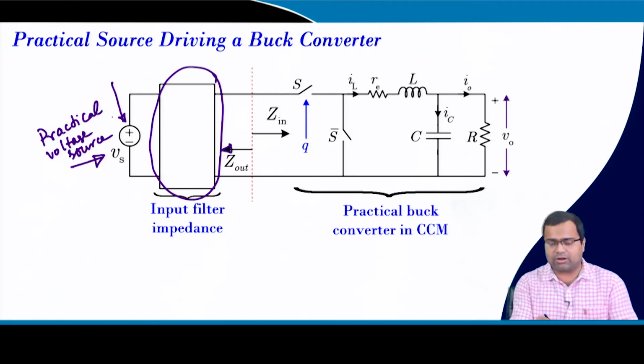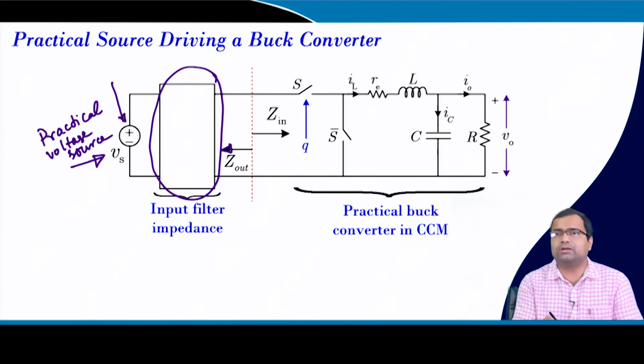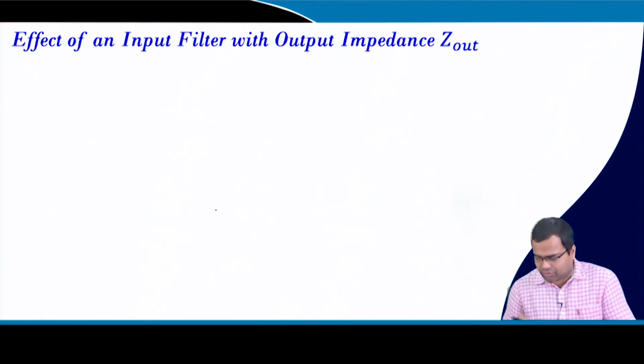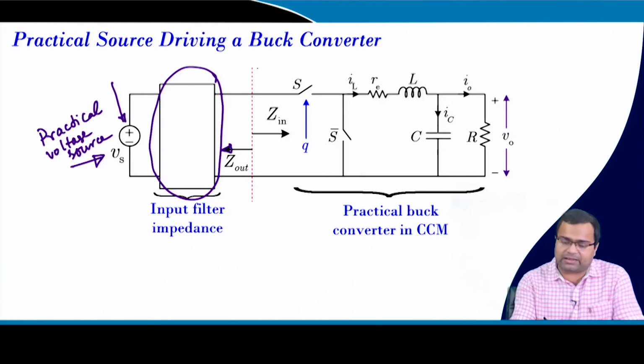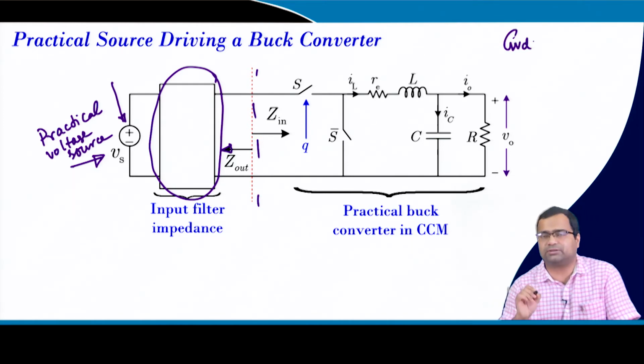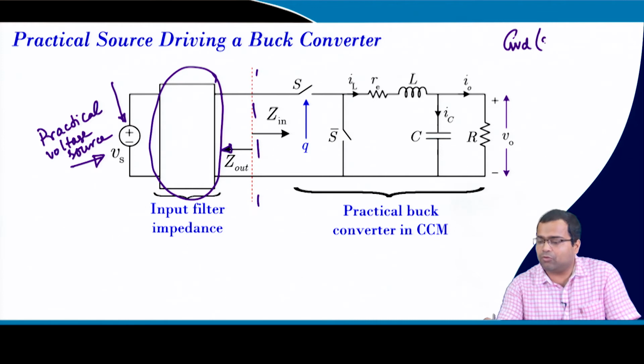Okay. But here Z out is the output impedance of the input filter, while it is driving a buck converter. So, without input filter, we have derived the control to output transfer function for a duty ratio control. What was that?